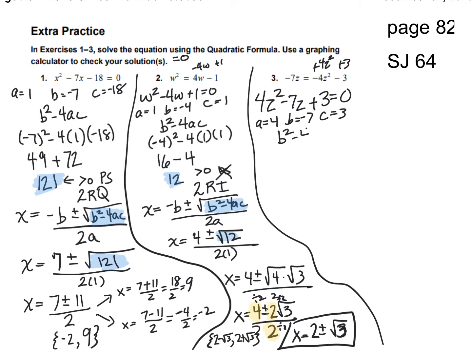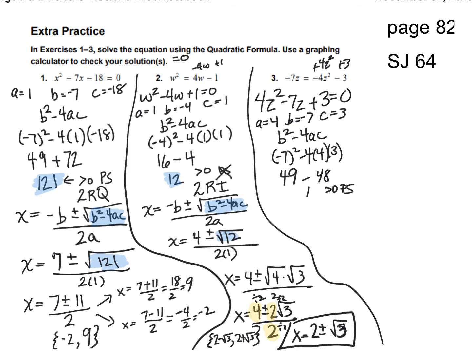Do the discriminant first, b squared minus 4ac: negative 7 squared minus 4 times 4 times 3. So 49 minus 48, that's 1, greater than 0, and a perfect square.